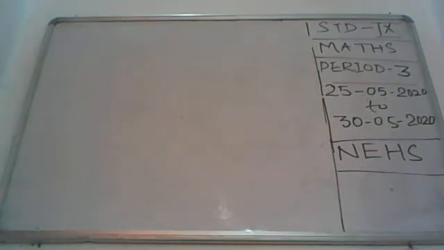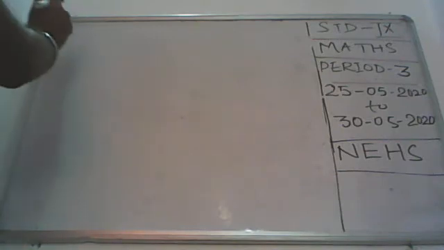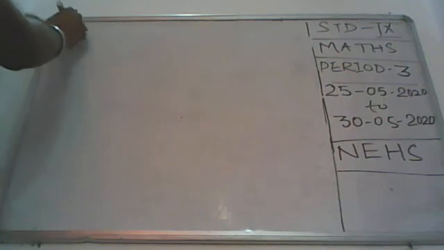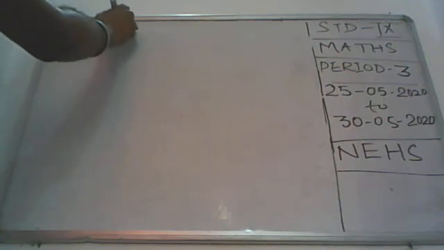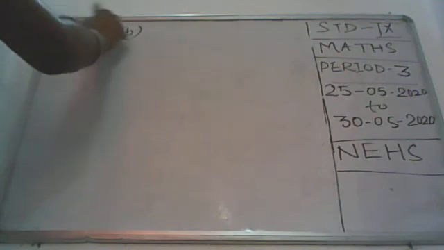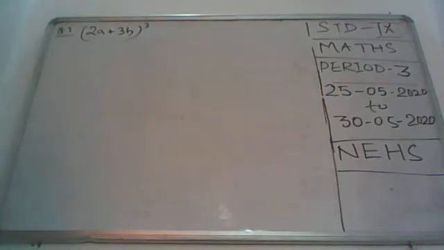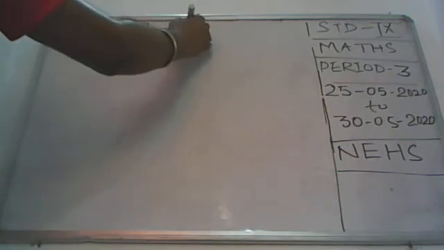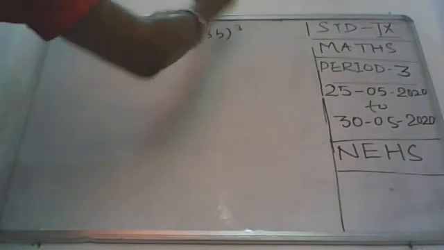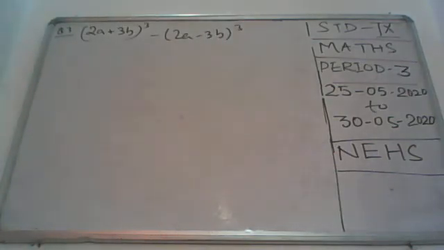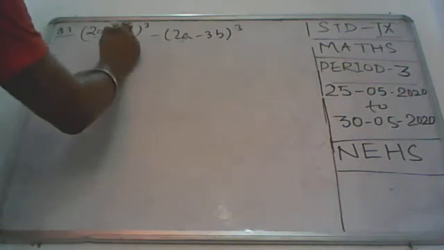See one more question. Suppose they have given 2a plus 3b whole cube minus 2a minus 3b whole cube. We can do one thing here. See, 2a, 2a, 3b, 3b.